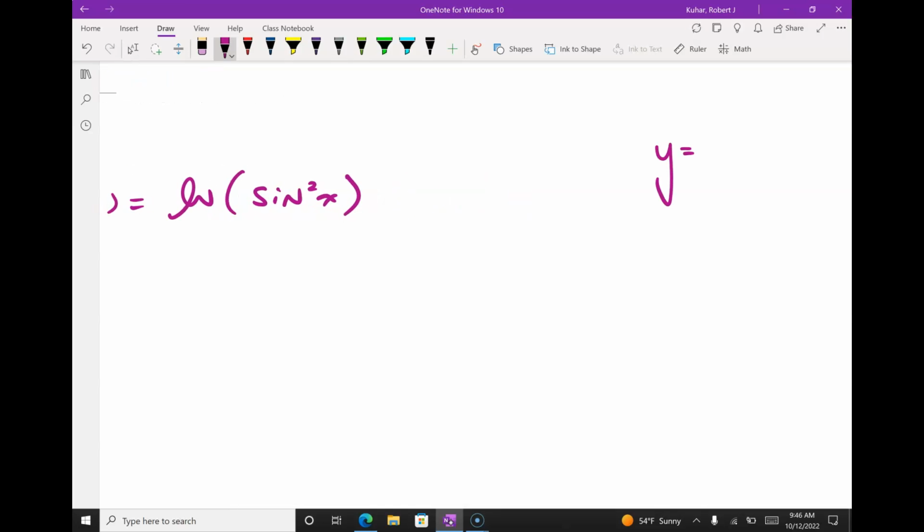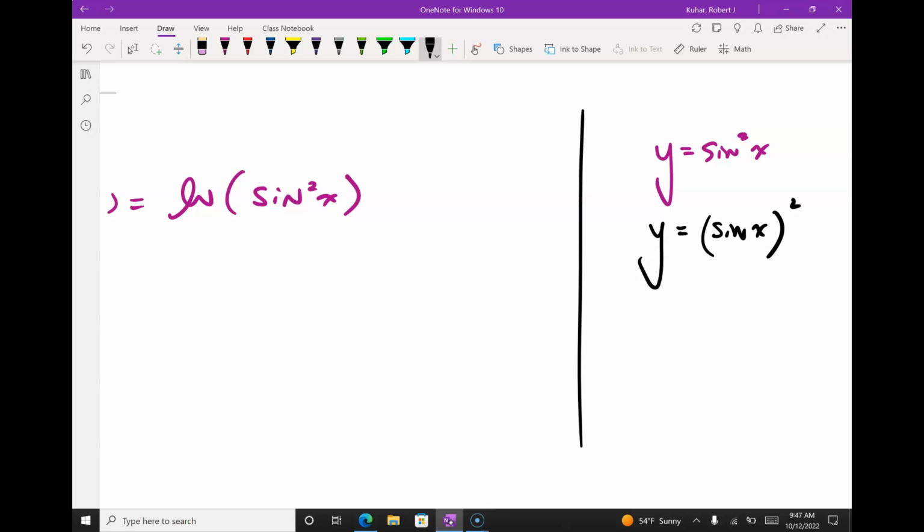If y equals sine squared x, what's the outside function here? X squared, the squaring function, right? It would be easier to see if I wrote it like this, where you could clearly see the inside function is sine x. You with me there?